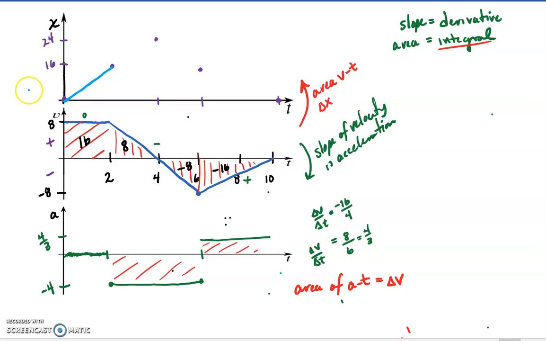Remember, the slope of the x-t graph is velocity. So my velocity is constant positive, then we have constant positive slope. Here our velocity is approaching 0, so our slope is approaching 0. So this is going to be a curve that's flattening off.